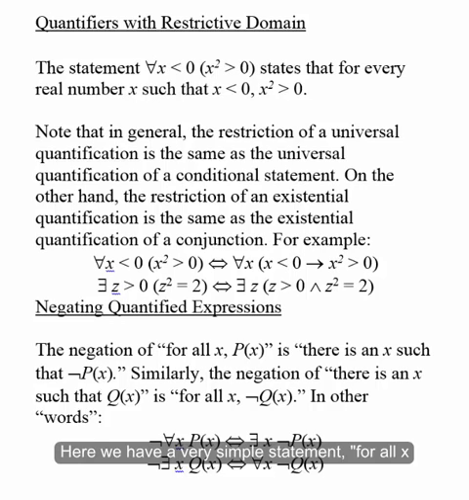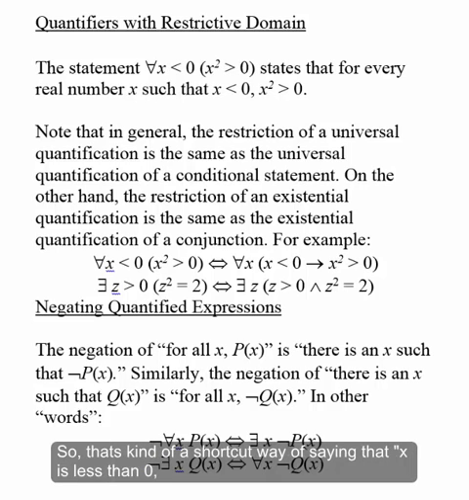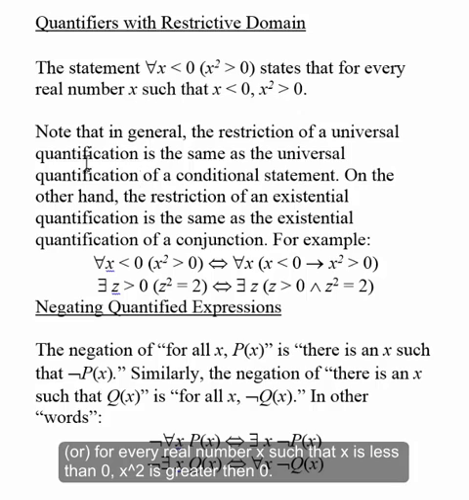Here we have a very simple statement that says for all x less than 0, x squared is greater than 0. That's a shortcut way of saying that for every real number x such that x is less than 0, x squared is greater than 0.